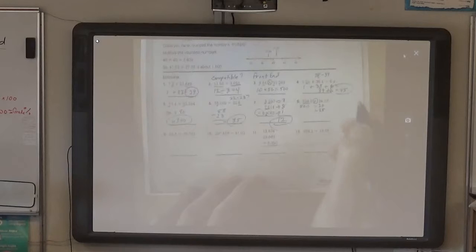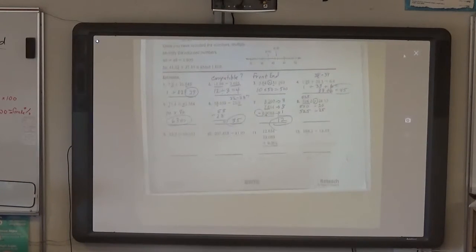25 would also go into 500, so maybe we should use 500, or this is really close to 525, isn't it? So we could get a really good estimate if we used 525. 25 goes into 100 4 times, doesn't it?